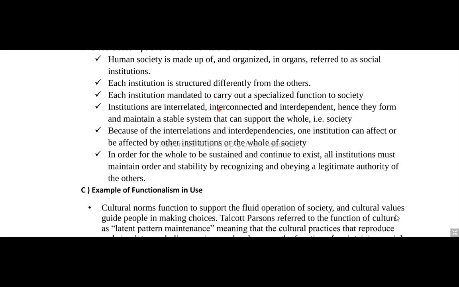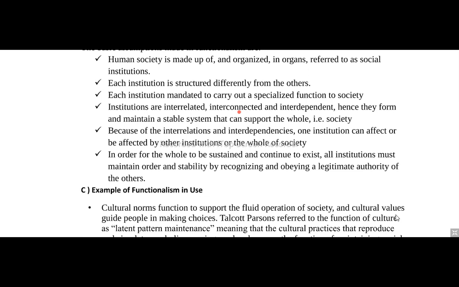So, interconnected, they are connected in a certain way. For example, let's look at the blood. It must have oxygen so that the cells in the body will have oxygen. So from the lungs, the blood is oxygenated.